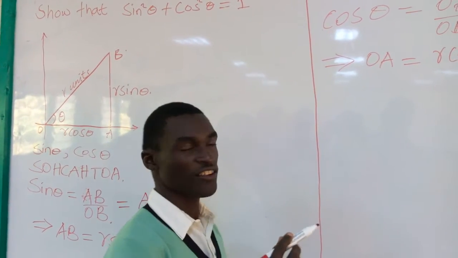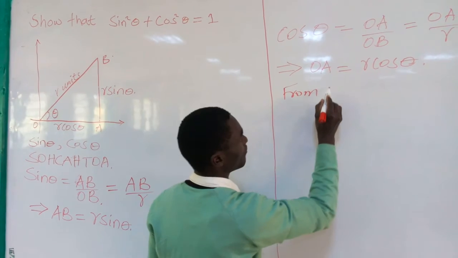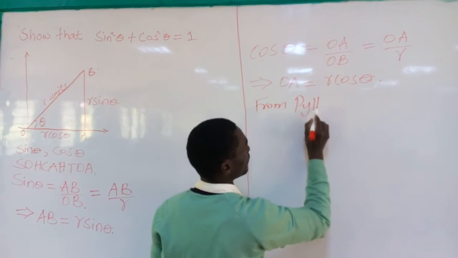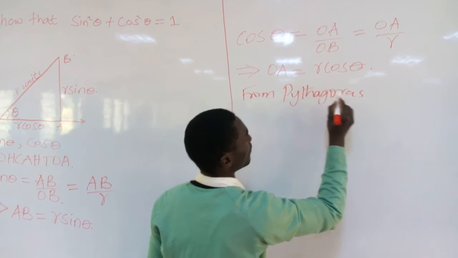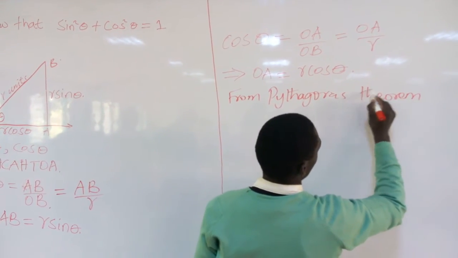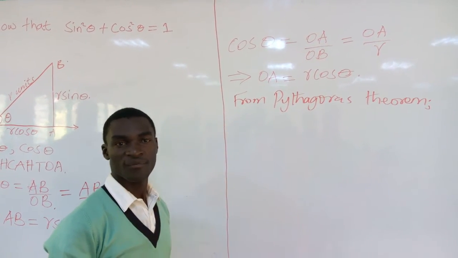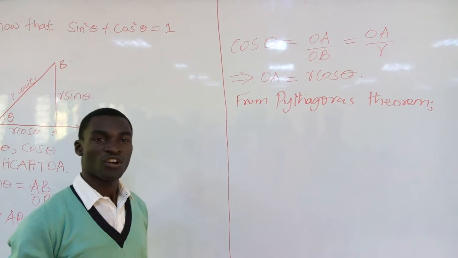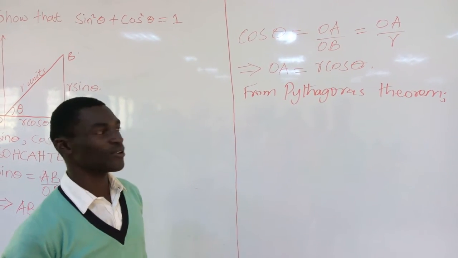From Pythagoras theorem, we know that hypotenuse squared is equal to adjacent squared plus height squared.